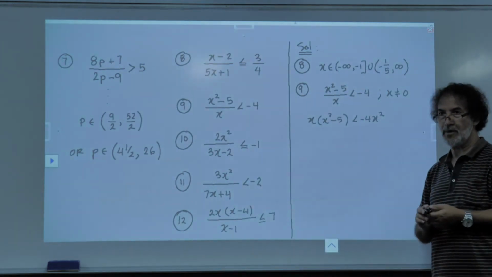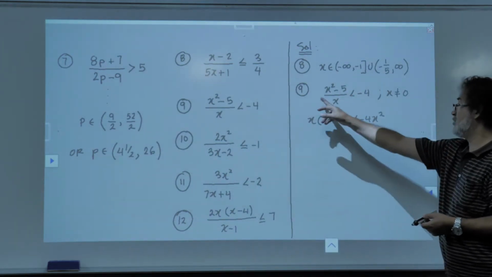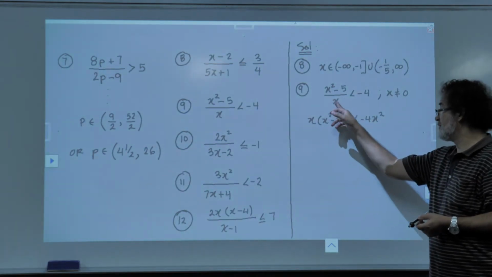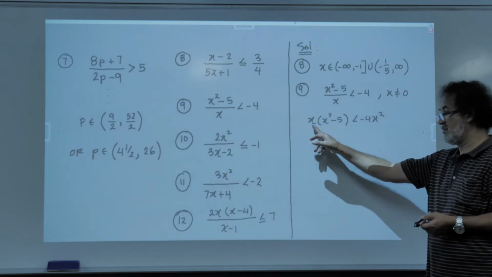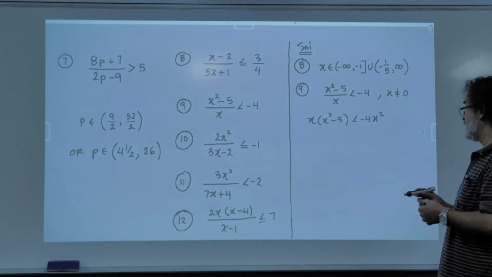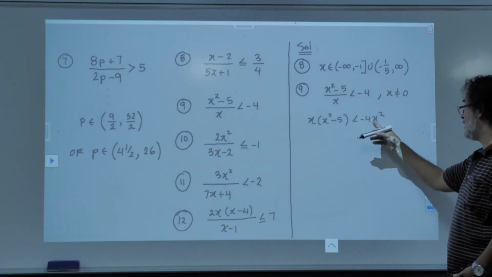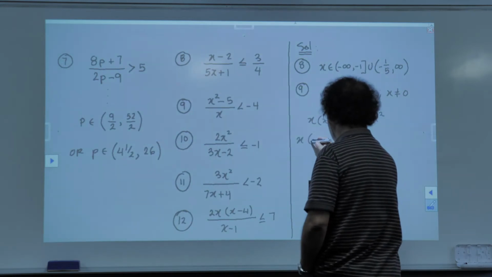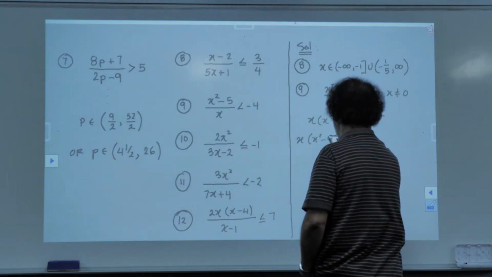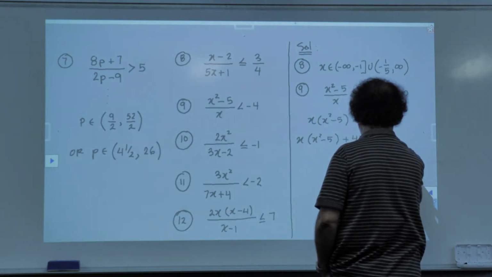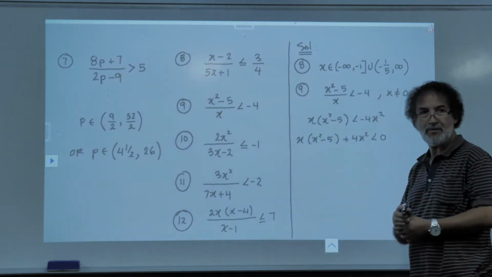If you multiply this side by x squared, you get rid of 1x, and you only have 1x on top. Then I'm going to move negative 4x squared to the other side, so we have x squared minus 5 plus 4x squared less than 0.